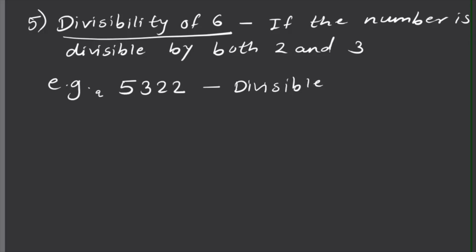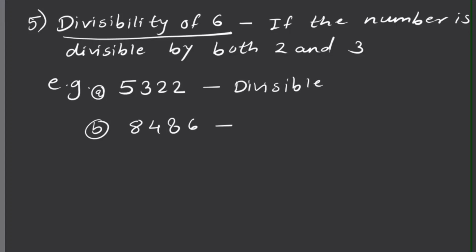Let's have another example. 8,486. In this example, the last digit is 6. That's why this number is divisible by 2. And the sum of all digits is 8 plus 4 is 12, 12 plus 8 is 20, 20 plus 6 is 26, and 26 is not divisible by 3.